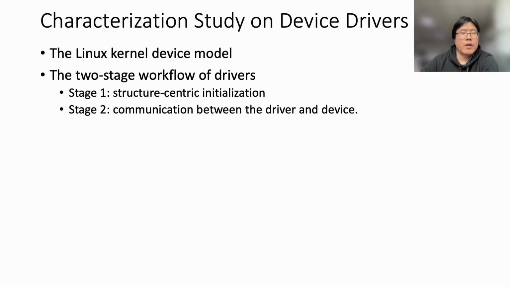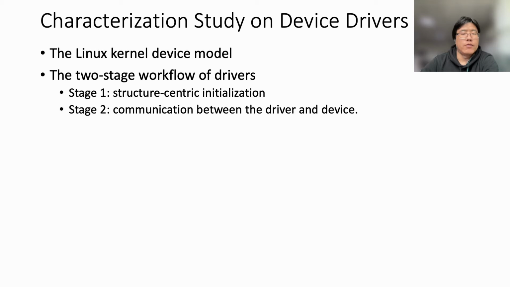The device driver presents a two-stage workflow. Stage 1 is the initialization centered on the device structure. The kernel needs to construct the device structure. Stage 2 is the communication between the driver and the device.